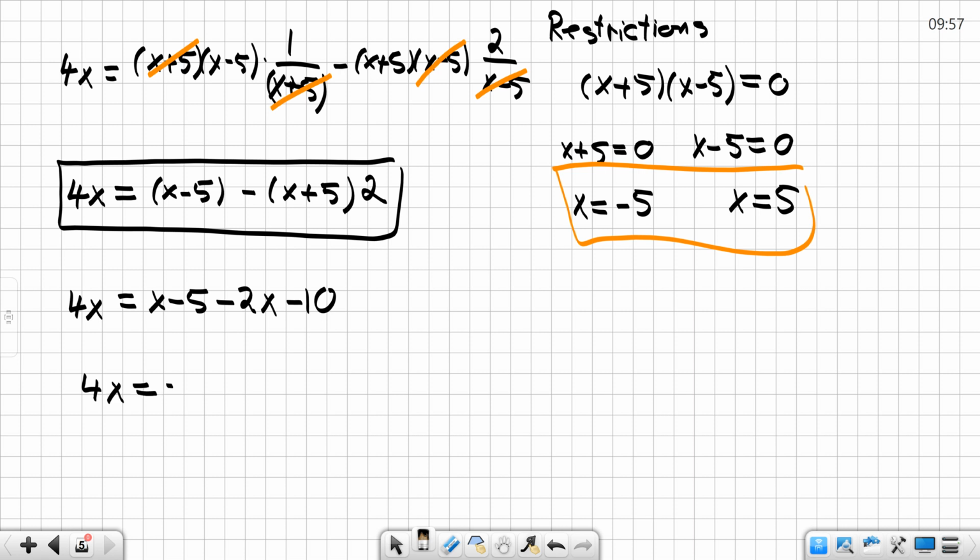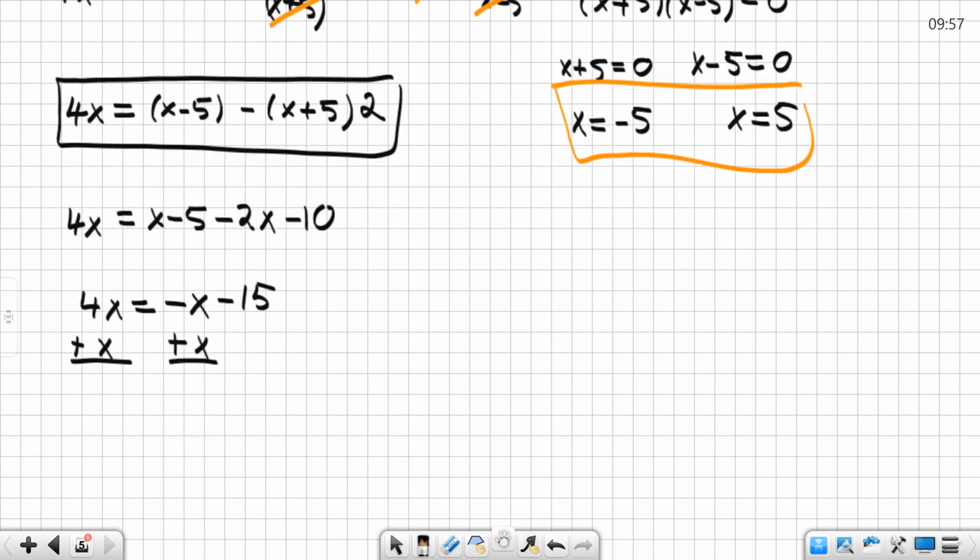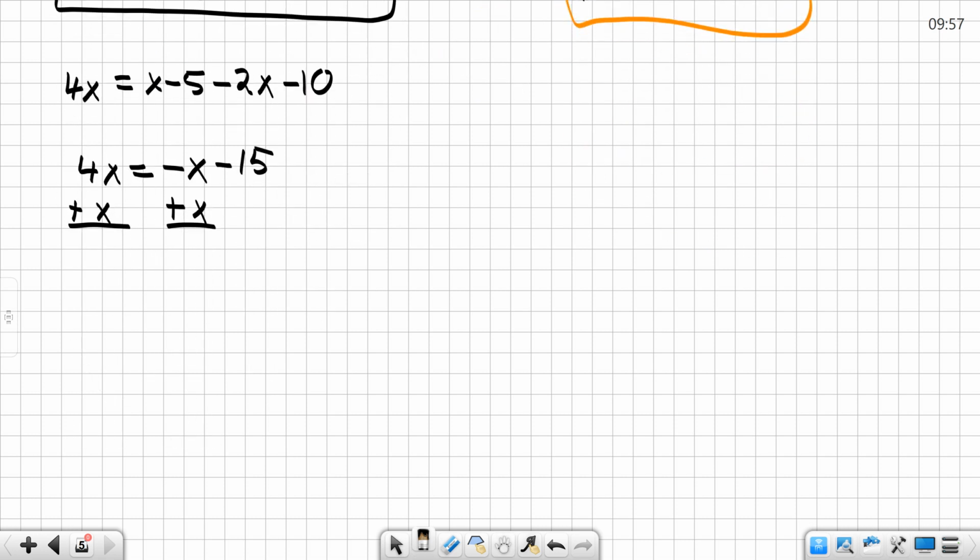x minus 2x is a negative 1x. Negative 5 minus 10, that is a negative 15. I'm adding x to both sides. Plus 1x, and we are getting that 5x is equal to negative 15. Divide both sides by 5. Be careful with the sign.